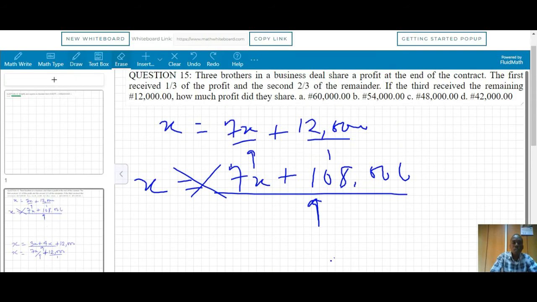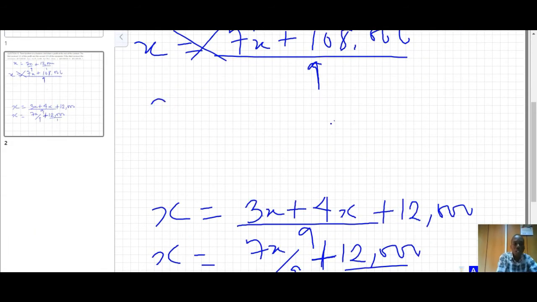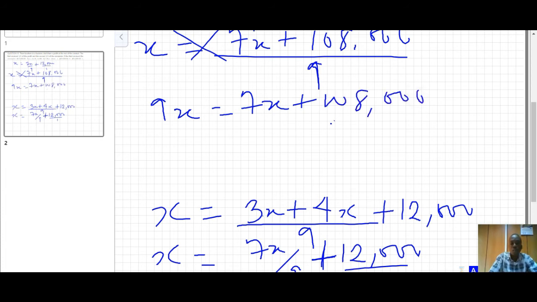If we cross multiply, we have 9X equal to 7X plus 108,000. Collecting like terms, 9X minus 7X equals 108,000.